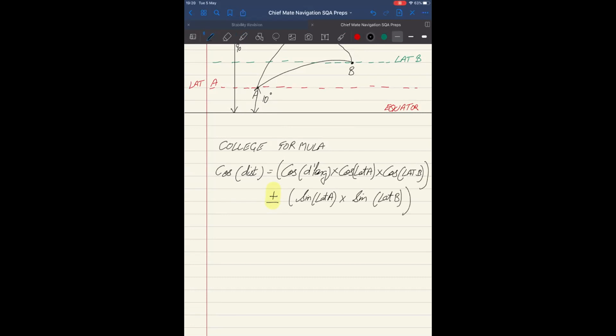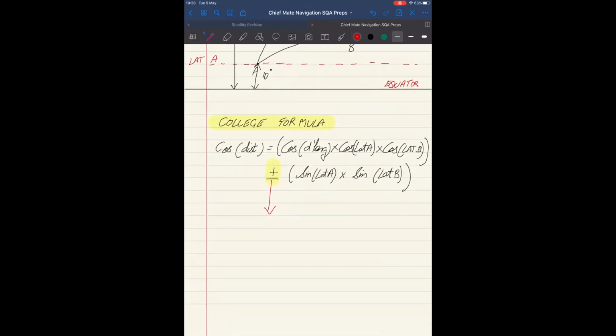This is the formula which we learn in college. So in this formula, what is important is to remember when to use plus and when to use minus.